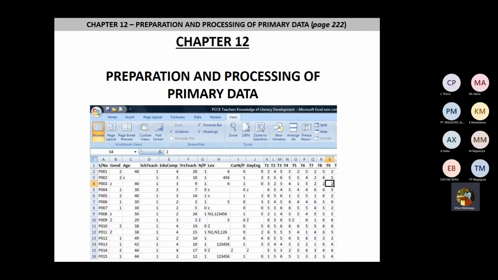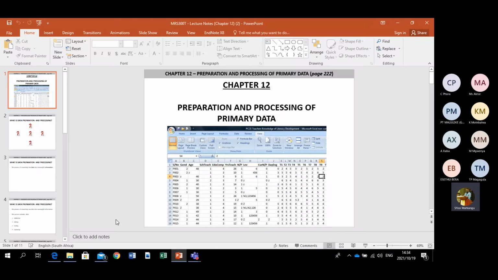So at this stage, we've collected the data. On the screen you'll see the figure, which is a Microsoft Excel sheet, showing an example of the data that has been collected. Usually with this data collection, we use a questionnaire.